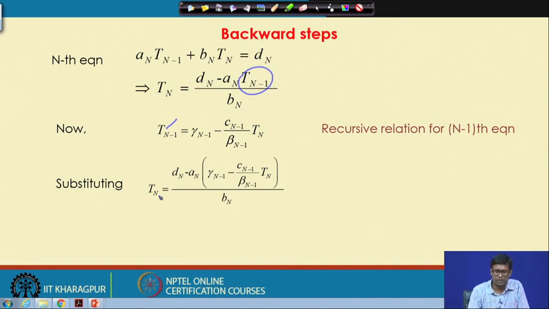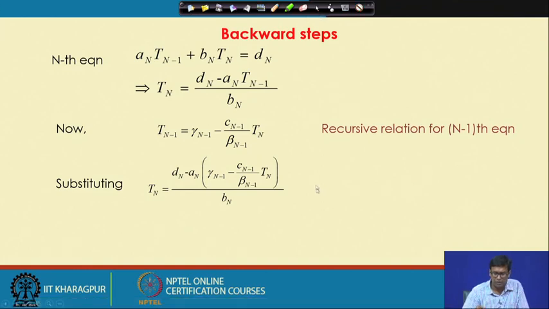We will get an equation involving T n only, and we will get the value of T n as D n minus A n gamma n minus 1 by B n minus A n C n minus 1 by beta n minus 1.